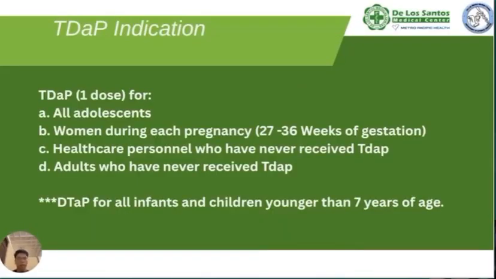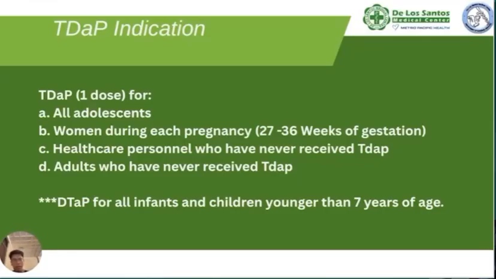The CDC recommends, for vaccine indication, one dose of Tdap for the following: all adolescents, and all women during pregnancy, given at 27 to 36 weeks of gestation. Then healthcare personnel who have never received Tdap and who have direct patient contact.